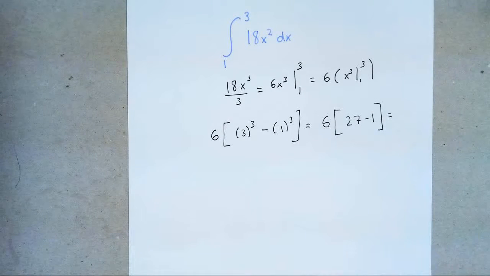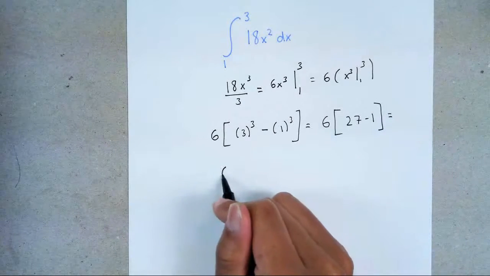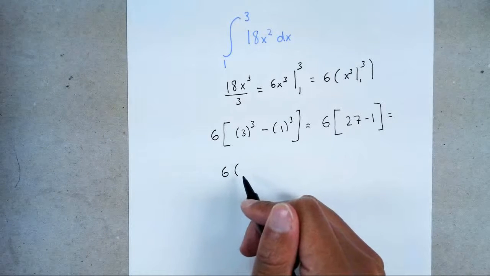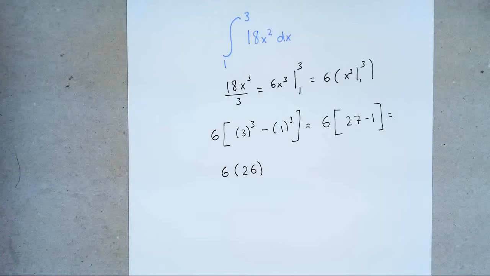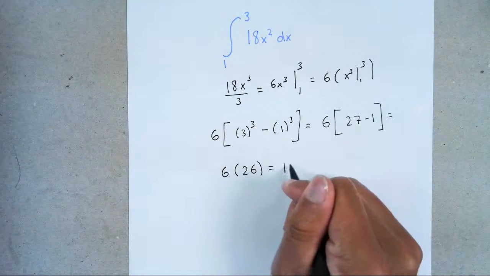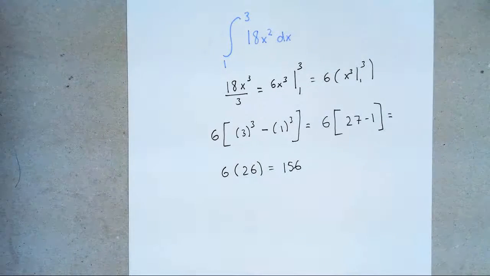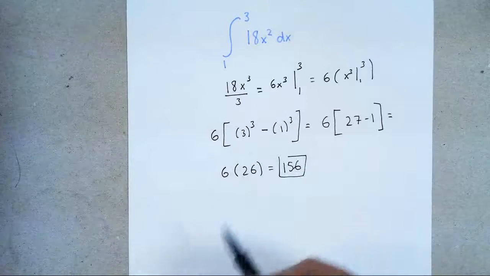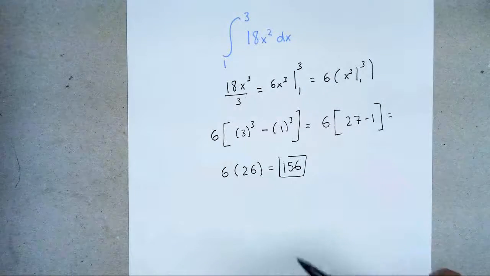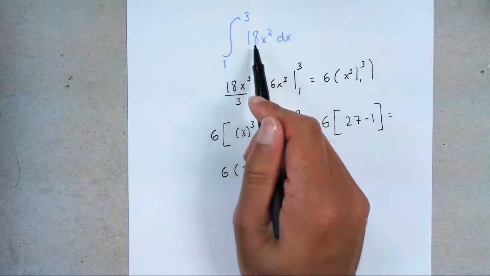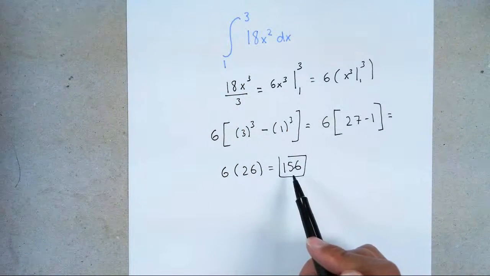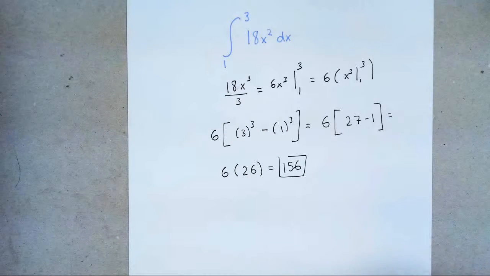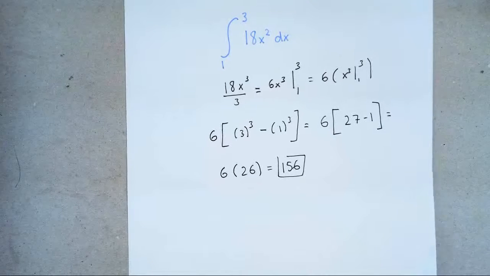That's going to equal 6 times 26, and when you work it out, you're going to get 156. Now what this means is you just found the area underneath the curve from 1 to 3 of 18x squared, and it gave you an answer of 156. That means that your graph is going to be predominantly above the x-axis. Okay? Let's do another one.